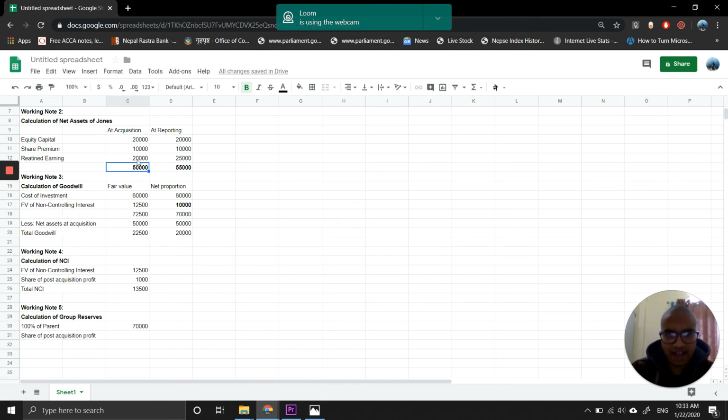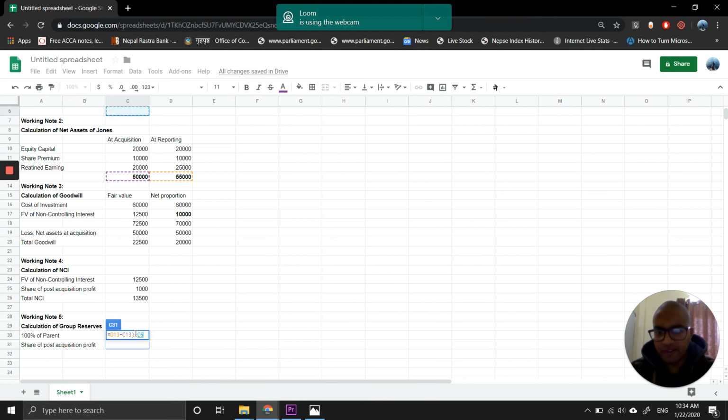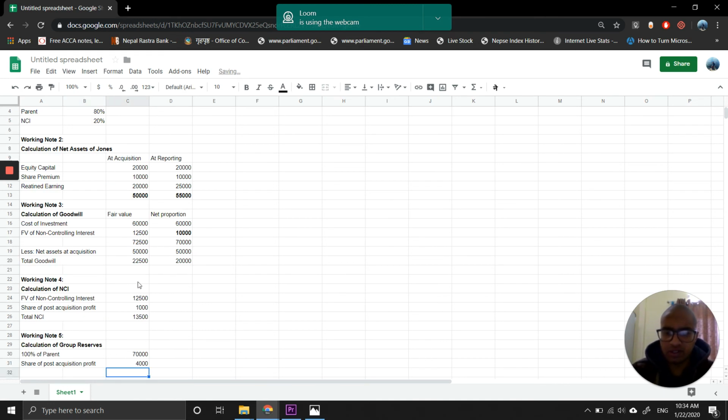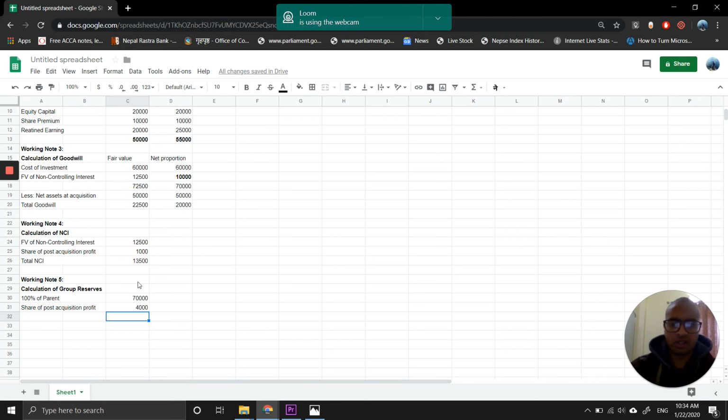After acquisition, what has been the profit? We also have an interest in that profit. So we subtract this figure from the earlier figure and then multiply by the parent's share, which is 80%. That's how you get your group reserves.